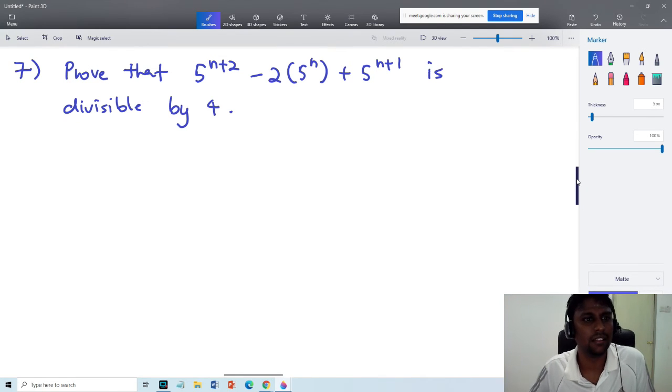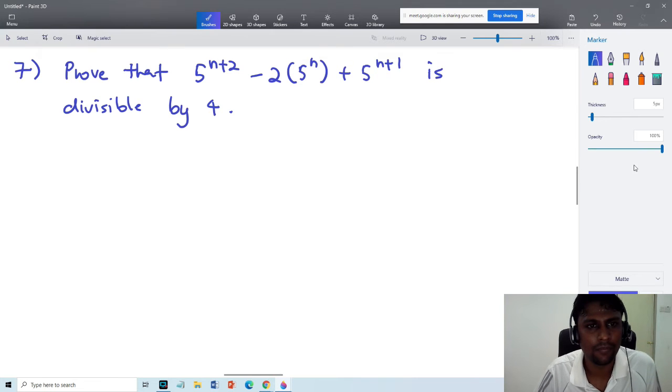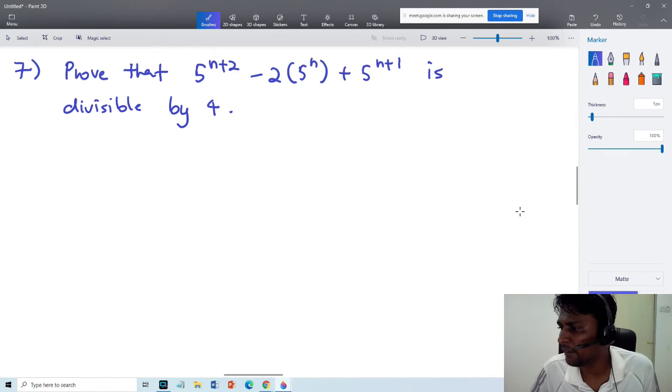Okay, the question, divisible by 4. Again, try the same thing. Divisible or multiple, it's all the same thing. Only the words are different, but they are going for the same thing: the result must be related to 4.